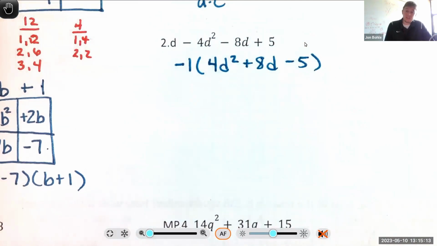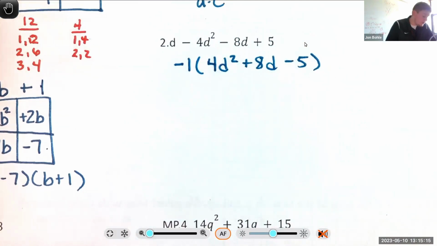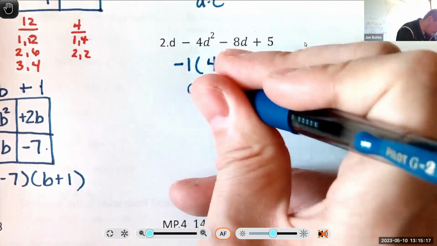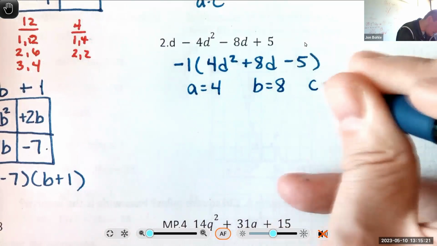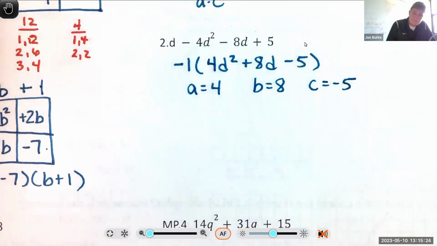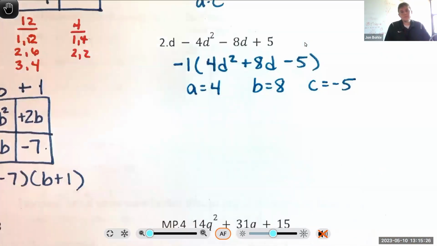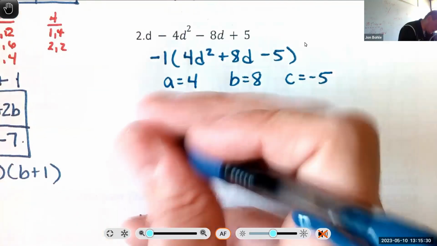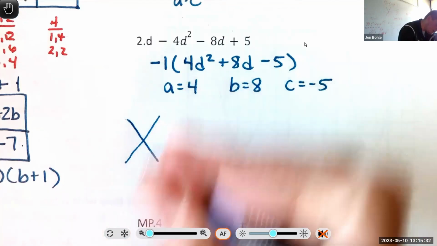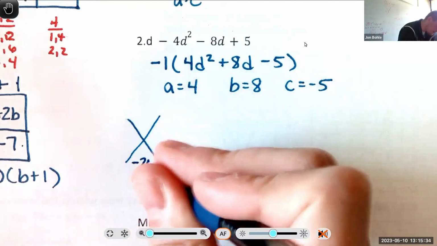So now that has changed my A, B, and C values: my A value is going to be 4, my B value is going to be 8, and my C value is going to be -5. Now I can set up my X and my box, and see my A value is positive.